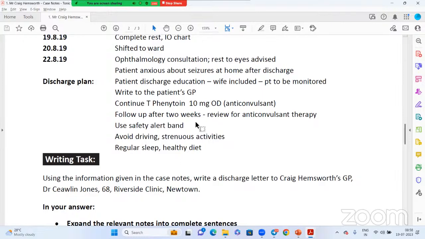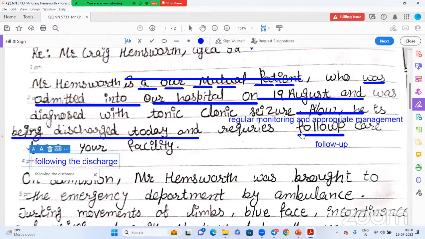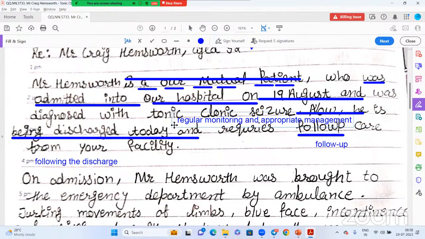So all these things. Requires regular monitoring and appropriate management from your facility or something, whatever. It's not needed also. Management, your monitoring. Okay. So from your facility, following the discharge, let us say back home today.